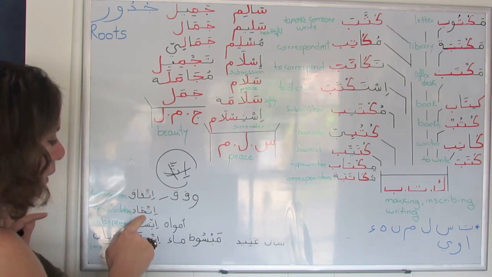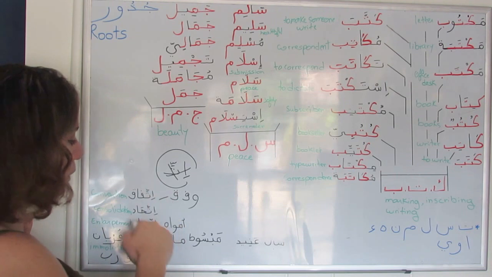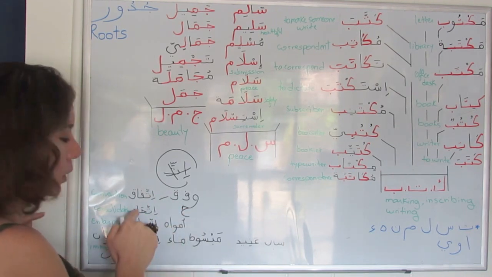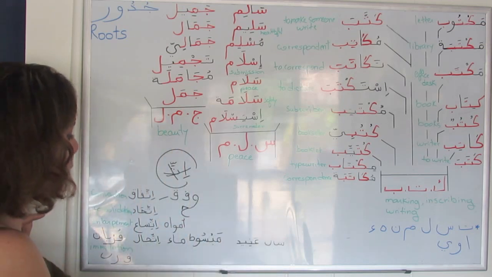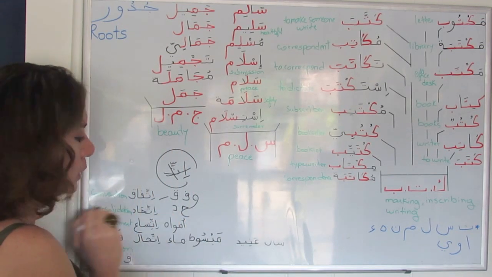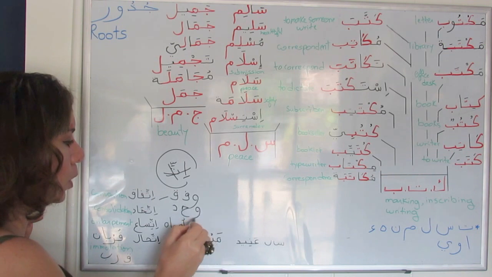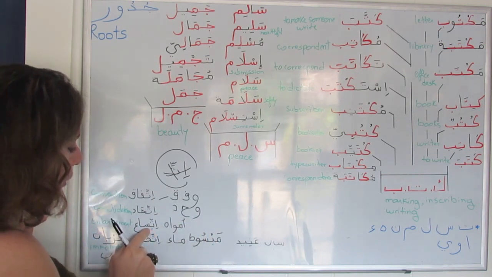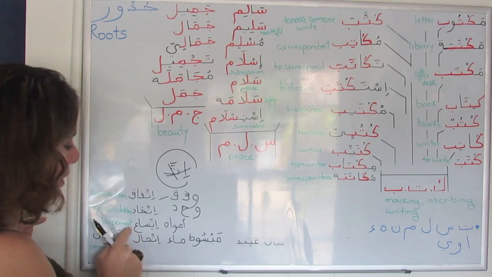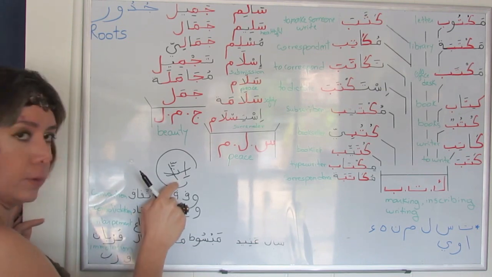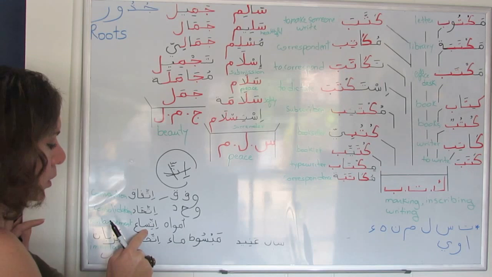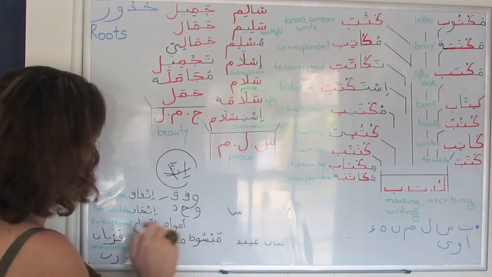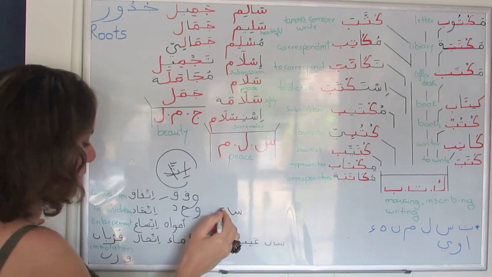Here, if you get rid of the prefix it, we have ha, alif, it's not included in the root, and we have dal. Where is the third one? Here it will be waw, wahada. Here again the same thing, ittisa', you get rid of the prefix, we will be left with sin and ain.